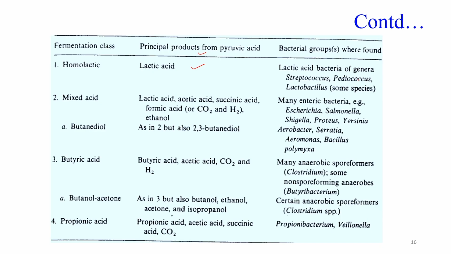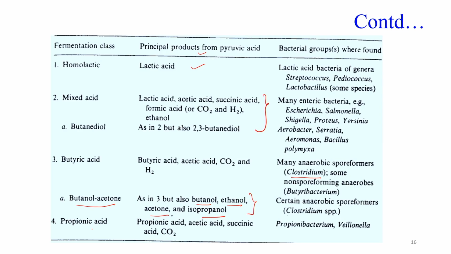So, here I have listed a few products, like lactic acid, which is produced by Lactobacillus. There can be mixed acid as well, like lactic acid, acetic acid, succinic acid, formic acid and ethanol all together. There is a synthesis of butyric acid mostly produced by Clostridium, and in addition there is a mix of butanol and acetone. So, butanol, ethanol, acetone and isopropanol are synthesized together.